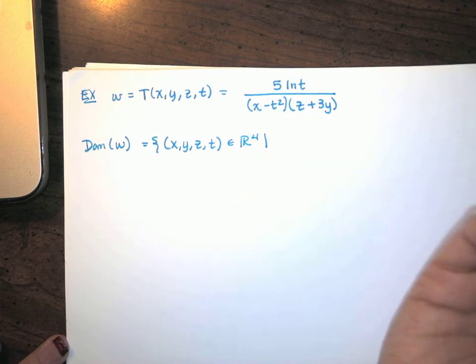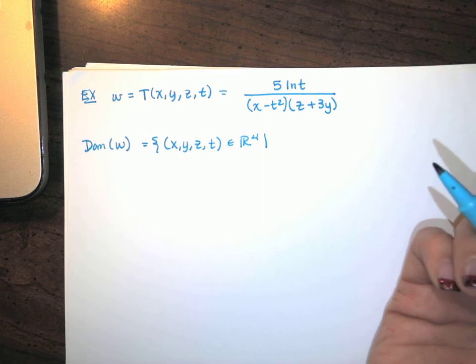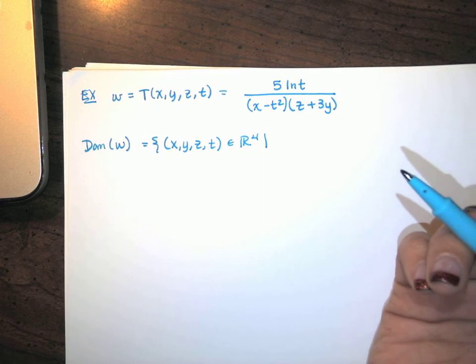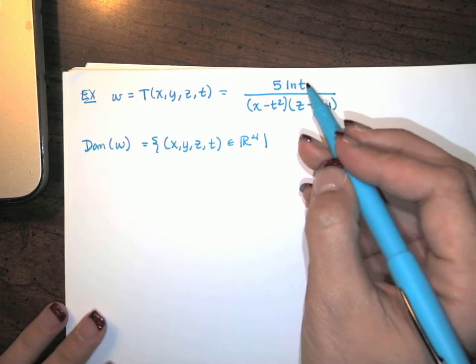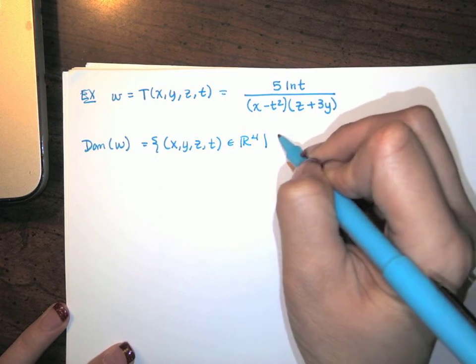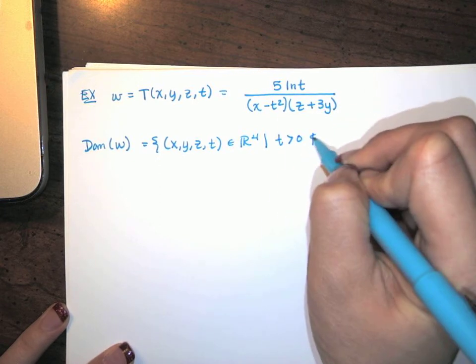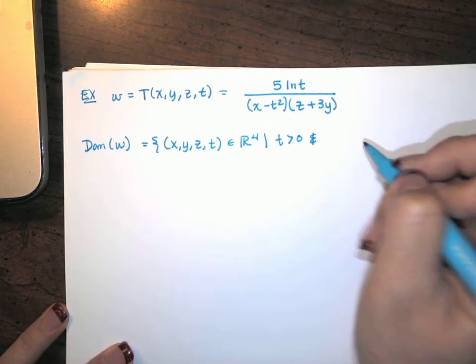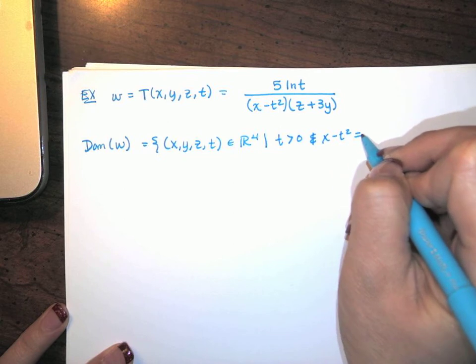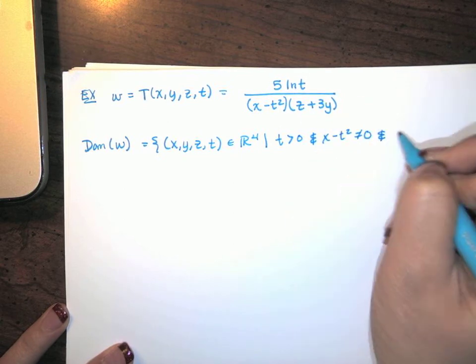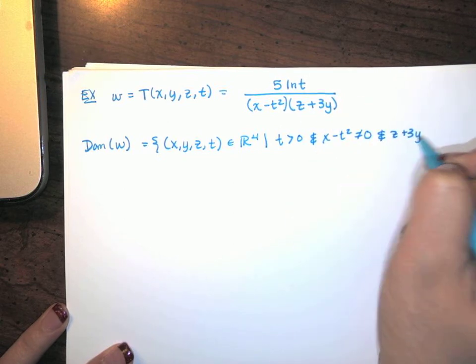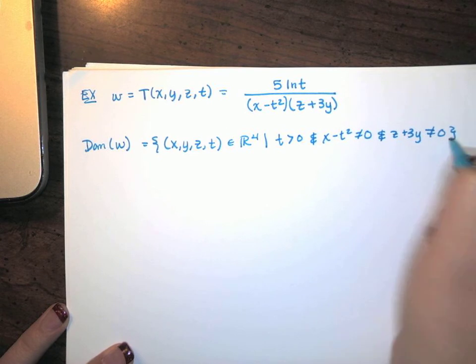we're not dividing by 0, we're not taking the square root of a negative number, we're not taking the logarithm of a negative number or 0. So according to this, well, t has to be positive, and x minus t squared can't be 0. And z plus 3y can't be 0.